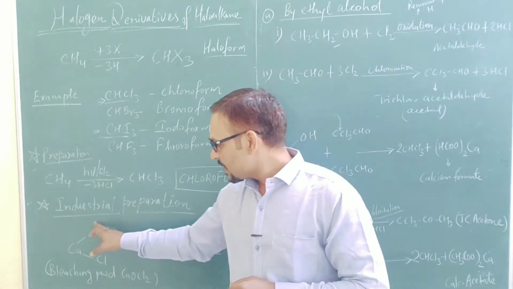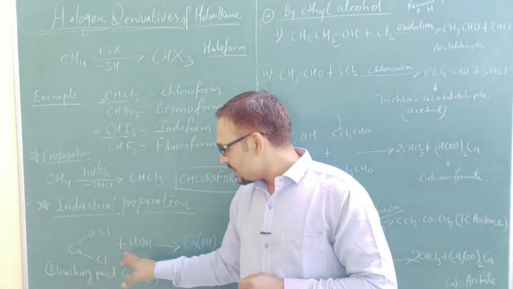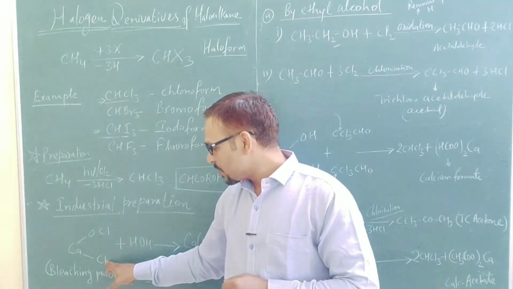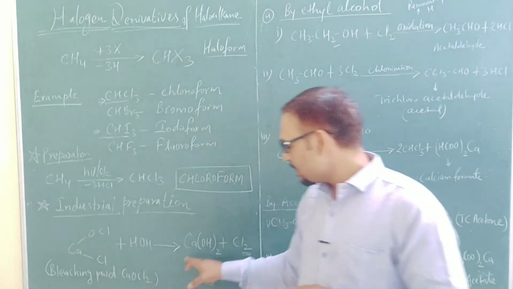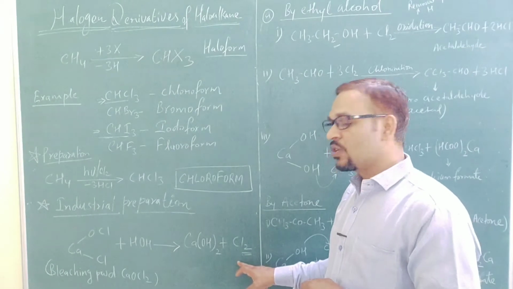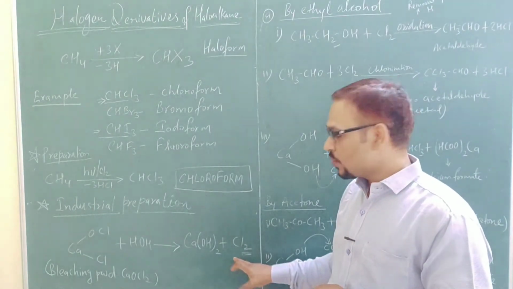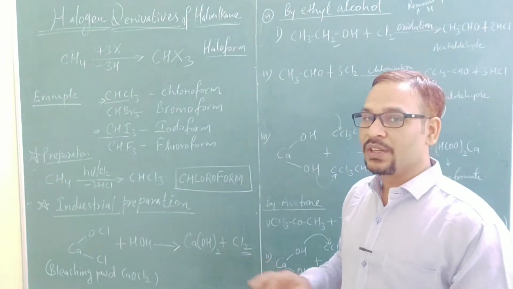This H replaces this chlorine forming OH, and this OH replaces chlorine from here forming OH. So we will get the base calcium hydroxide along with chlorine. So this is how we prepare base and chlorine.